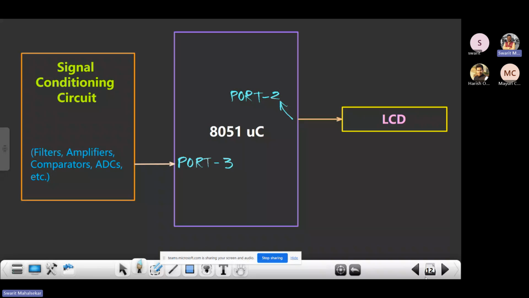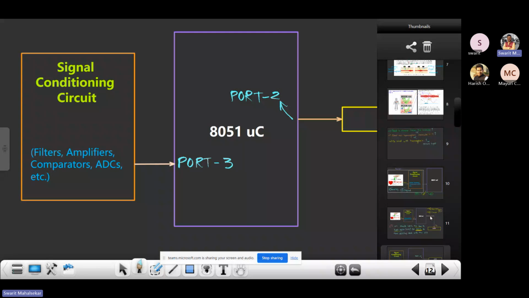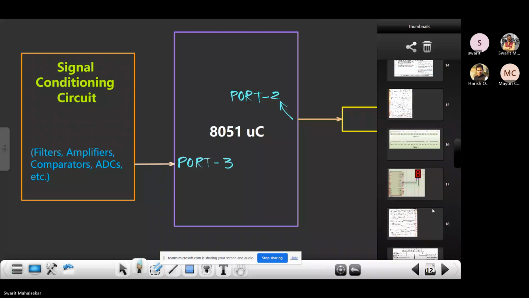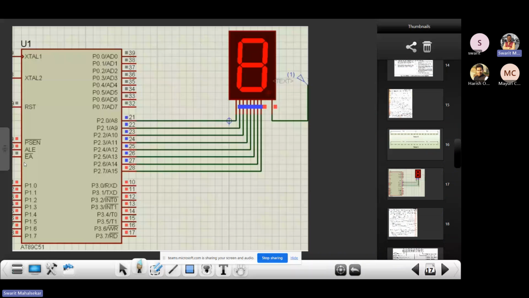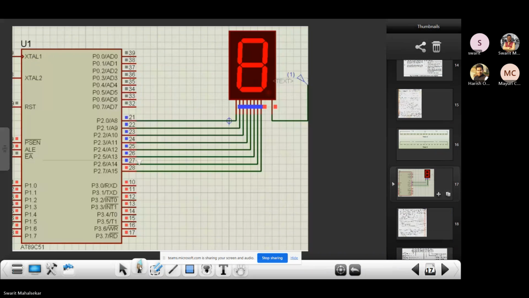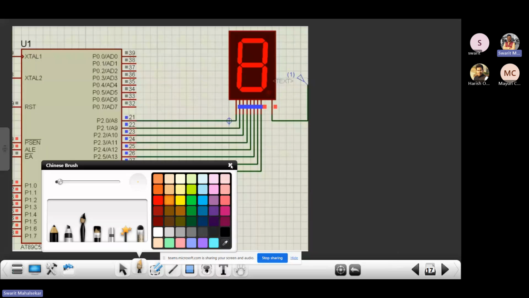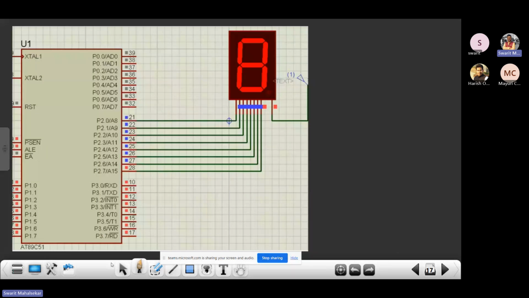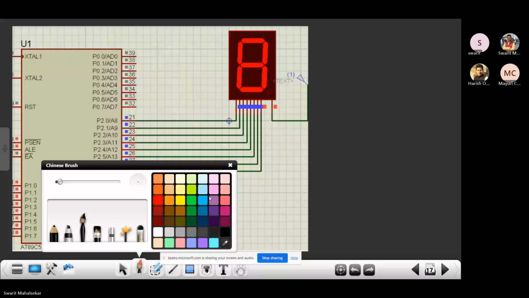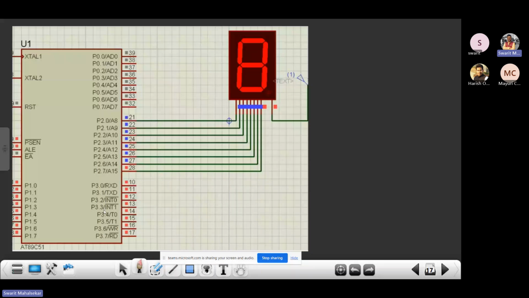For that, let me just show you where it is. Just a moment. Yeah, you see over here in port 3 we have two important things, that are two timers. In port 3, pin number 4 and 5, you just have a look over here, we have two things, that is T0 and T1.